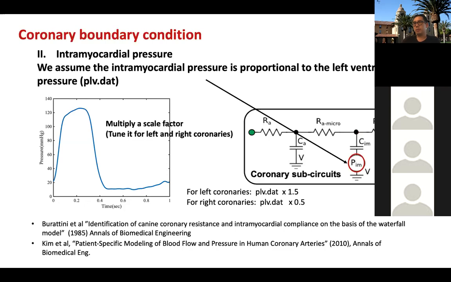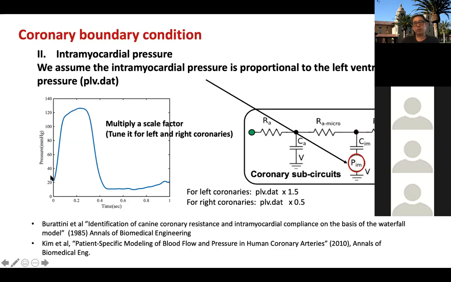Basically, these two pressures, intramyocardial pressure and the left ventricular pressure, are different. But we actually don't know, or it is very hard to measure the intramyocardial pressure. So we are basically approximating the intramyocardial pressure with the left ventricular pressure.